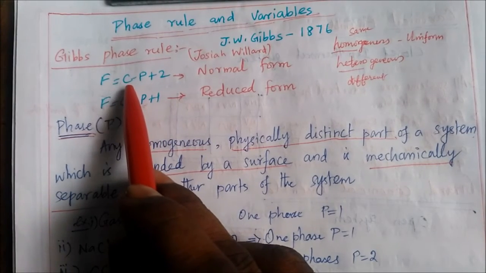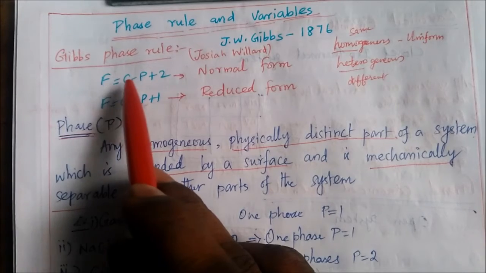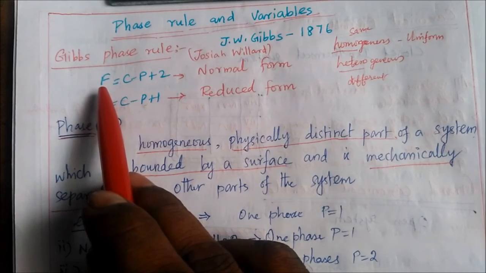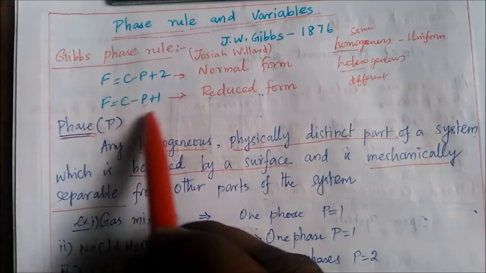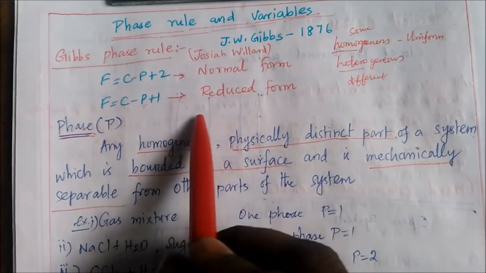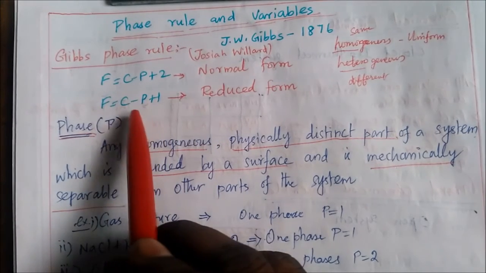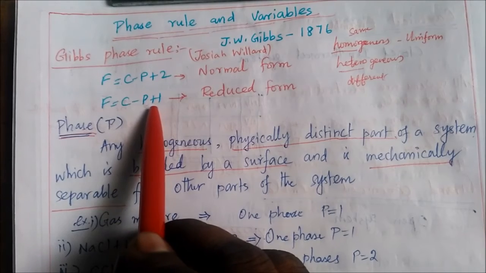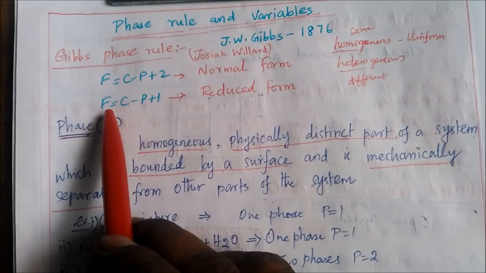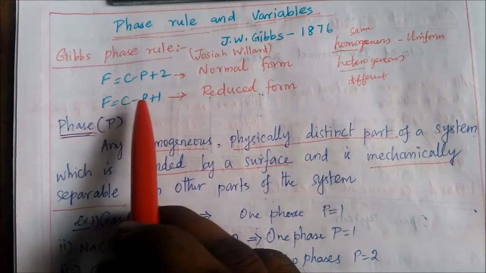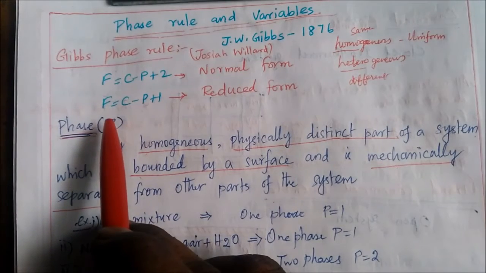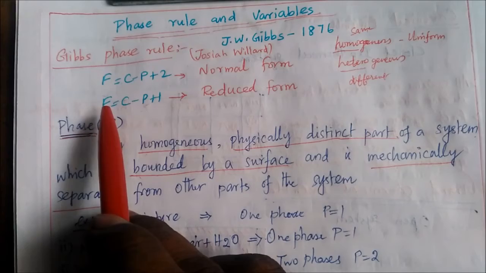Using the values of components and phases, we can find the number of degrees of freedom. And in the case of the reduced form, that is condensed phases, by applying the number of components value and the number of phases value, we will get the value of F. What is F? F is the degree of freedom.